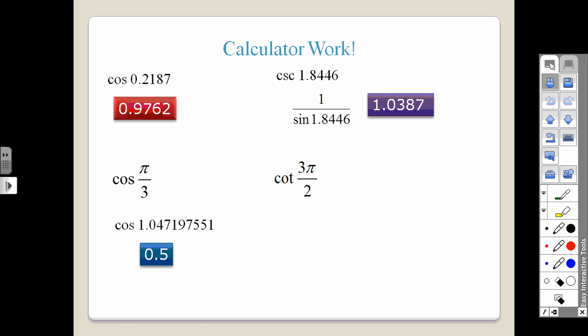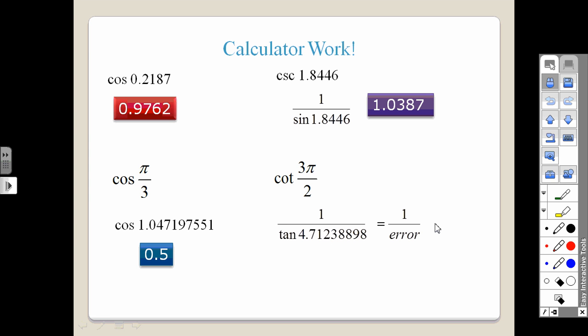Let's try this one. The cotangent of 3 pi over 2. Once again, let's convert this into a decimal, and the cotangent is 1 over tangent. So we're doing 1 over the tangent of 4.712 and so on. When we plug in the tangent of this number, what happens? We get an error message. That means that whatever we plugged in when we tried to take the tangent of it, it didn't work.